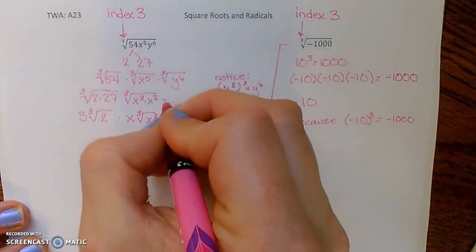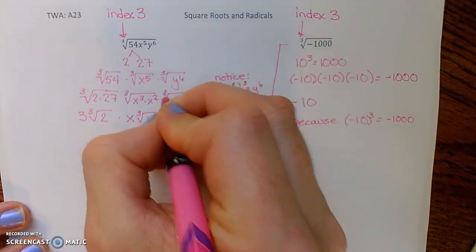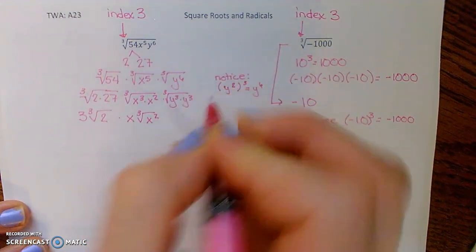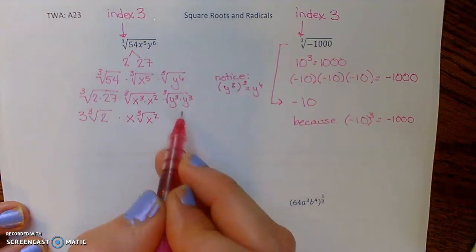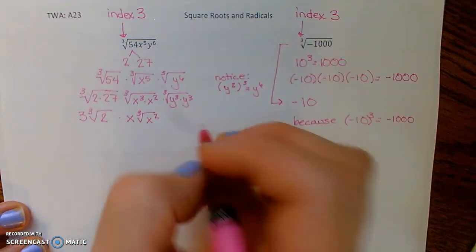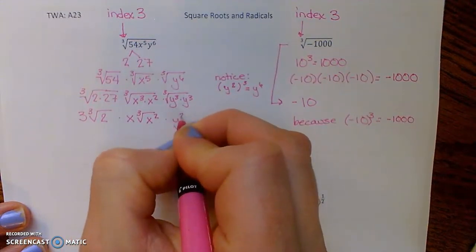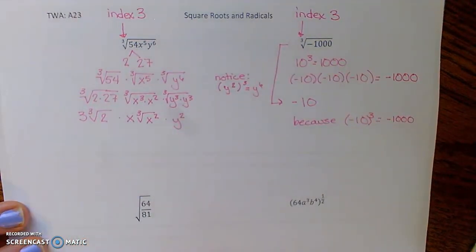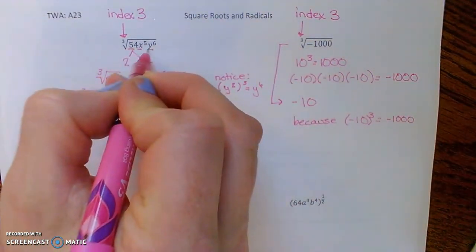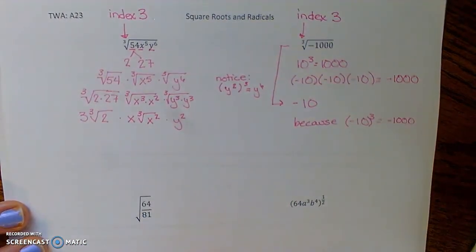Here's another way to think of it too. I could think of it as the cube root of y cubed times y cubed, right? Y cubed times y cubed is y to the 6th. So then a y pops out, and then another y pops out. So what I'm left with is 2 factors of y.